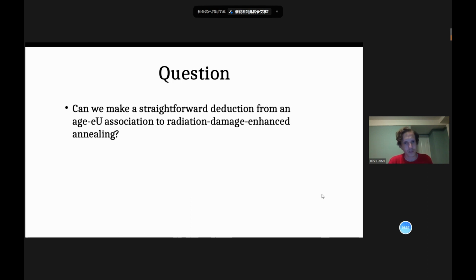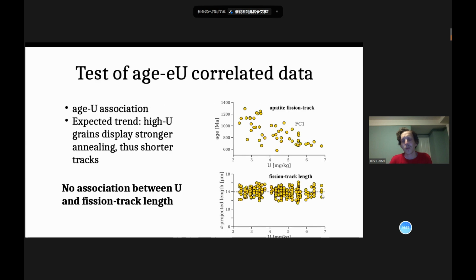And to test it, we set out with my co-authors to find out. And what we basically did was look at age-eU correlated data sets. And here we took apatite from Duluth FC1 and plotted the age against the uranium.